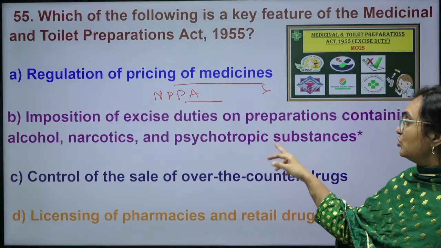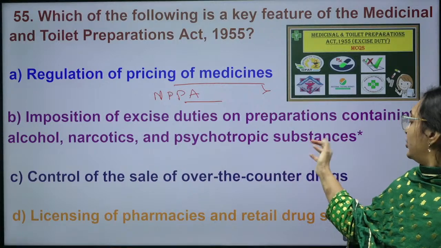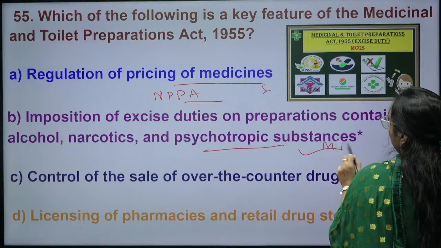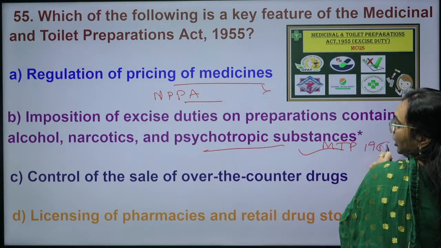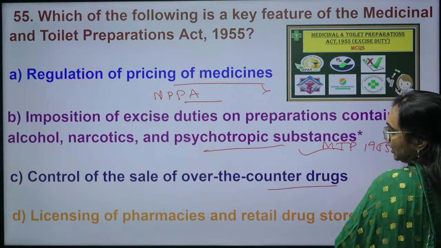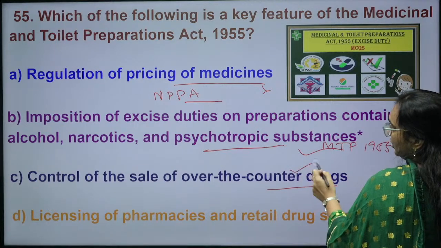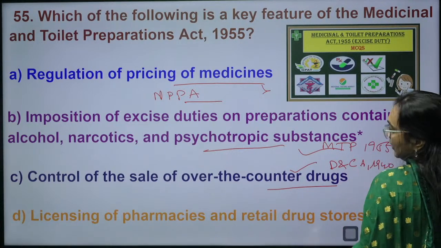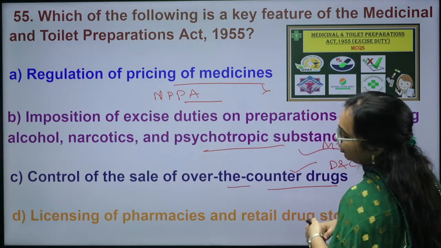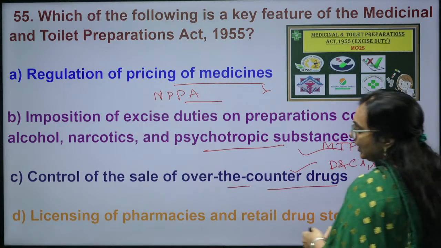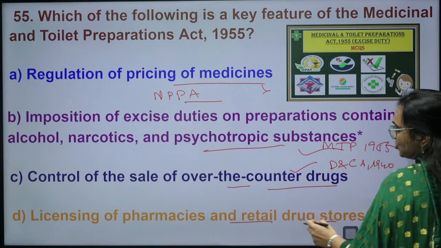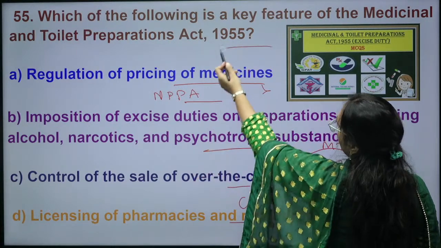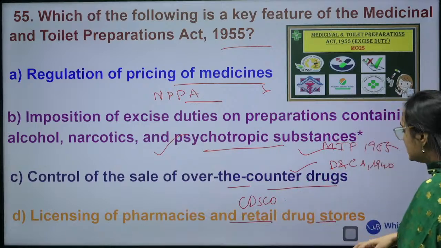Imposition of excise duty on preparations containing alcohols, narcotics and psychotropics, that is the MTP Act 1955. Control of the sale of over-the-counter drugs is the Drugs and Cosmetics Act. Licensing of pharmacies and retail drug stores is by CDSCO. So here, the MTP Act 1955 is this one. Answer is B.